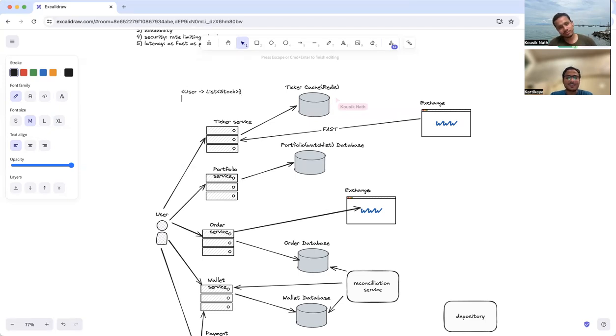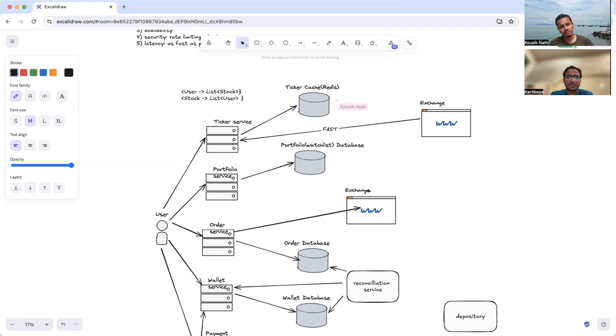So this is the watch list for the particular user. Now when we have the data available for a particular stock, we need to know who are the users who have subscribed to this stock. So we need a stock against list of users.